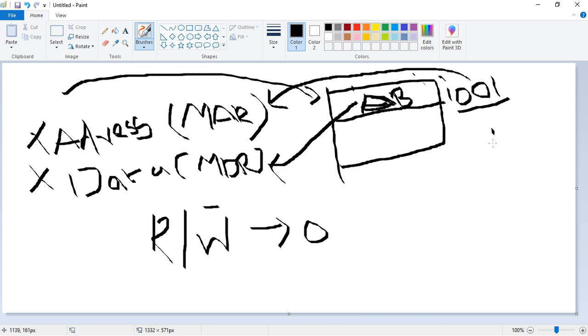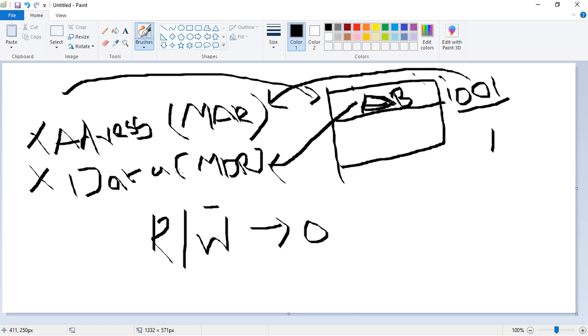If we put 1, the control will initiate a read operation, and it will go to the 1001 location, fetch the data and replace the MDR register with that data. If we put the read bar write line to 0, what happens is the data in the MDR register will be stored where the MAR is pointing.